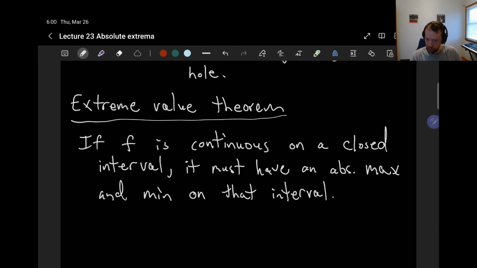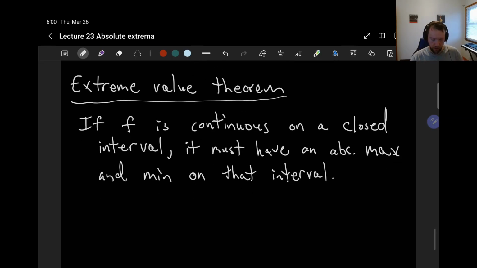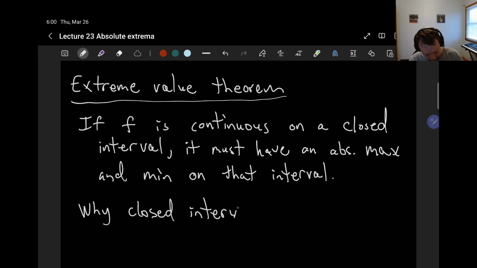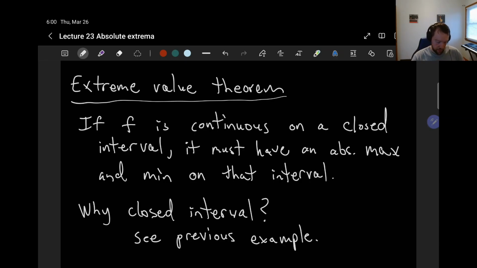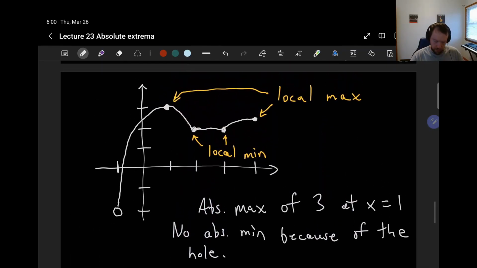I want to show you just a little bit why this is true, why we need these conditions, rather. So why do I say that it has to be on a closed interval? Let's start there. We've actually already seen this in the previous example. So let's look up. This was not defined on a closed interval because I was missing this endpoint.